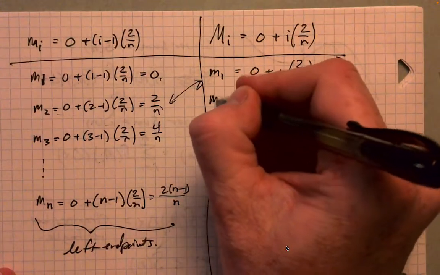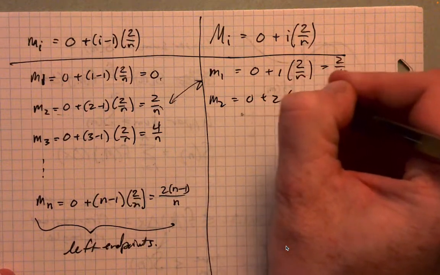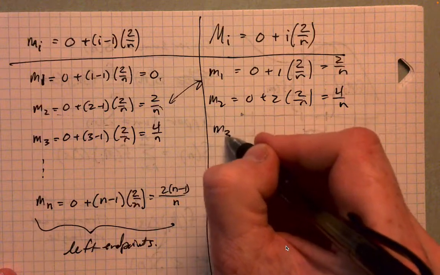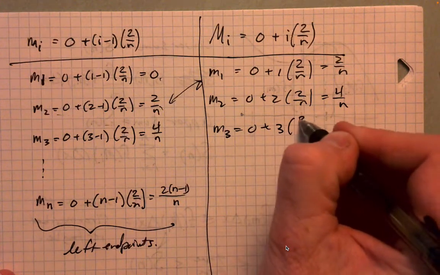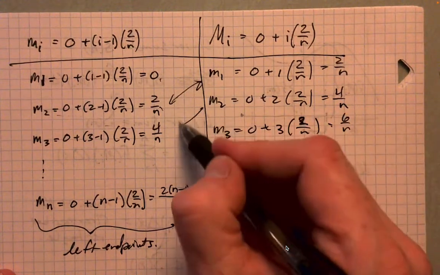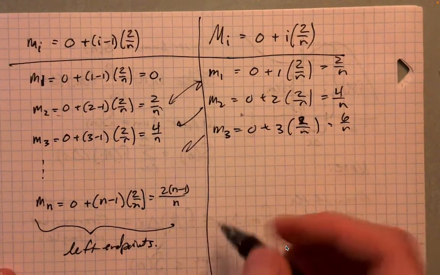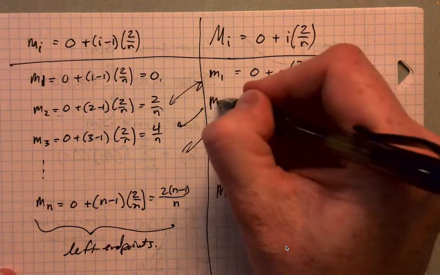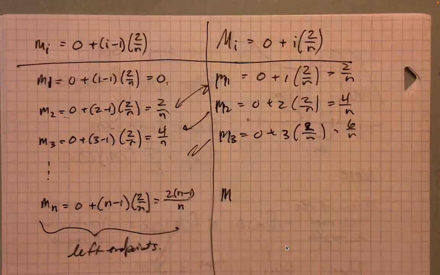So then M2 would be 0 plus 2 times 2 over n, so that's 4 over n. M3 would be 0 plus 3 times 2 over n, 6 over n, right? And so you can see that these are going to be in alignment. And these are big M's, make sure they look big, otherwise you'll confuse yourself.